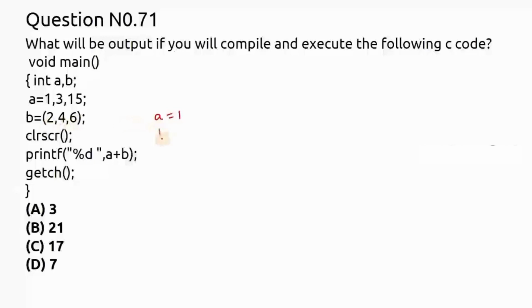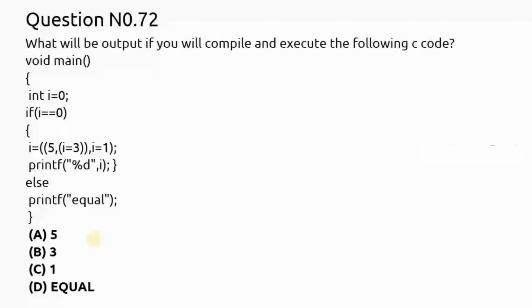So what is the b value? 2 comma 4 comma 6, the last value is 6. So b value is 6. If you don't put braces here, b value will become 2. So like this it will happen when you write braces and when you write without braces. So a value is 1, b value is 6. Here it is asking a plus b. What is a plus b? 1 plus 6, which is 7. So the answer is D.